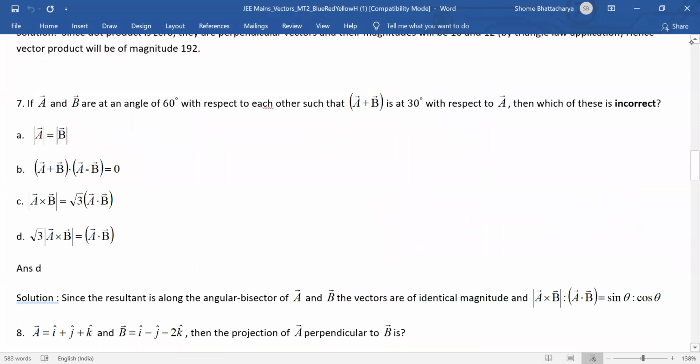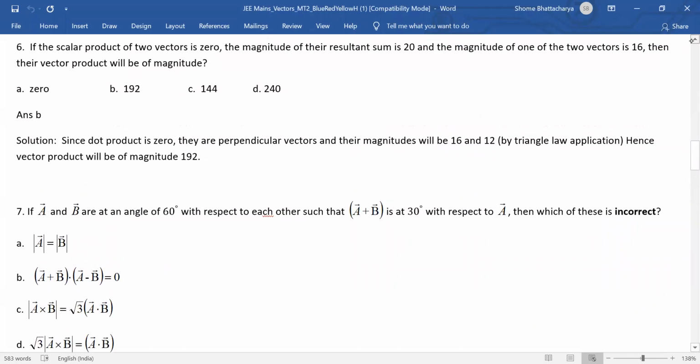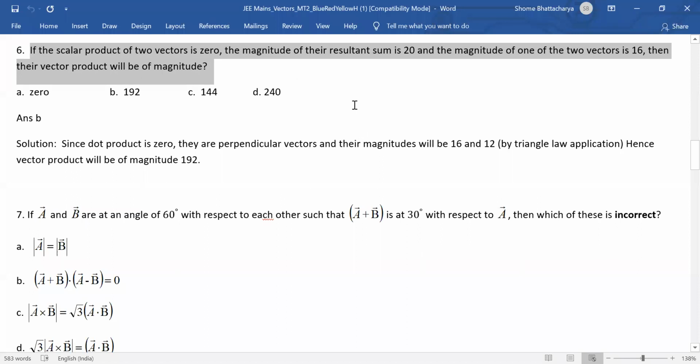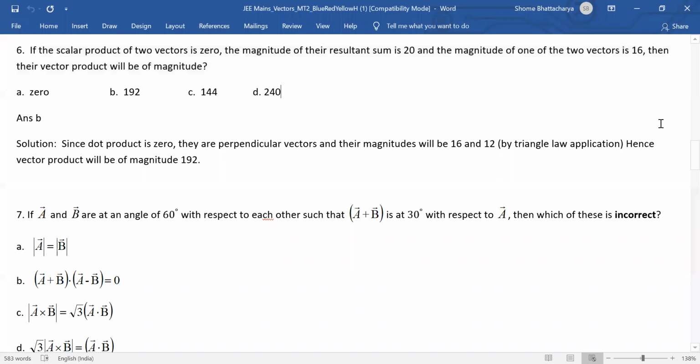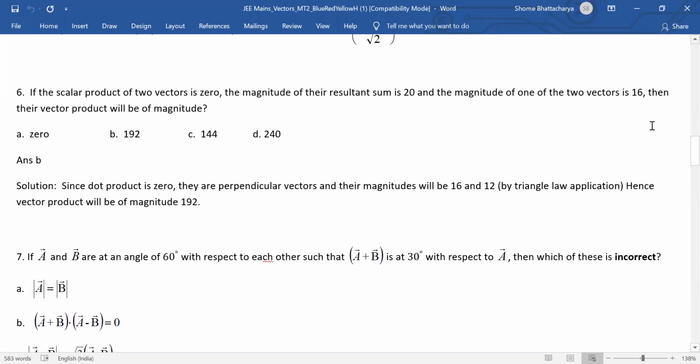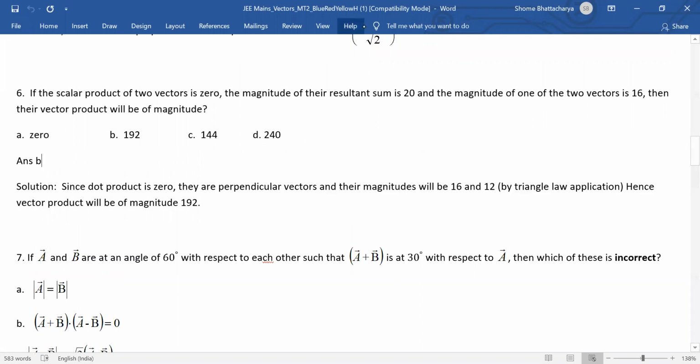Okay, let's come to the next one. So this one is saying the scalar product of two vectors is 0, but the magnitude of their resultant sum is 20. So scalar product of two vectors is 0 means what? They are perpendicular to each other. Okay, so just use that relation. They are perpendicular vectors.